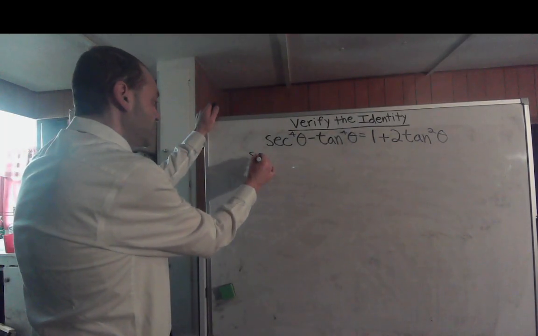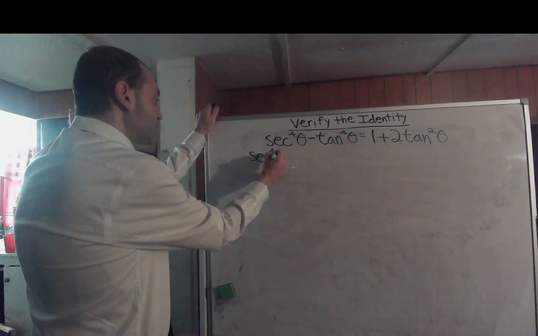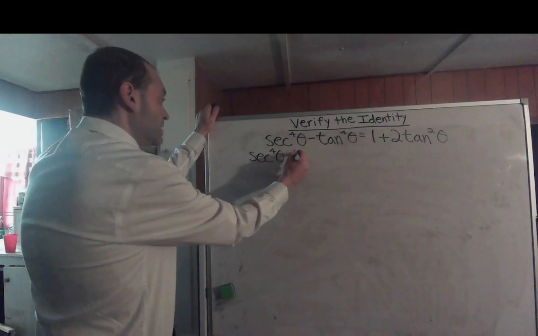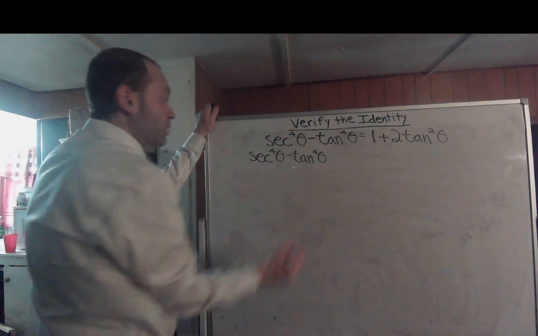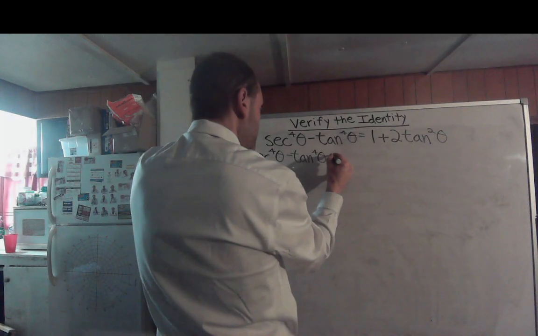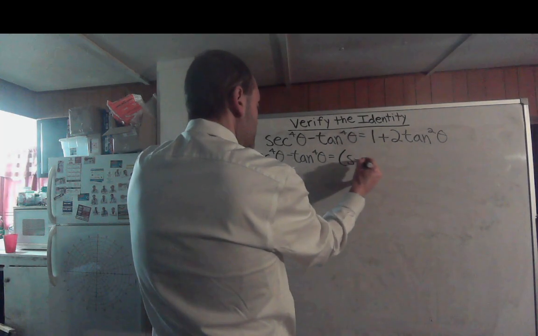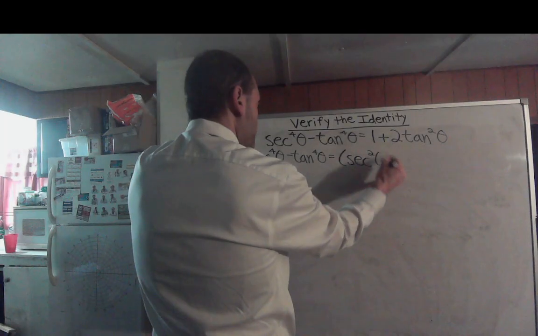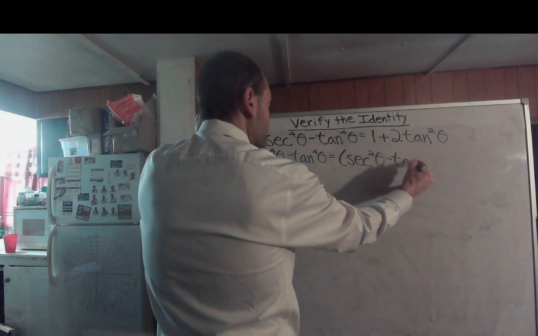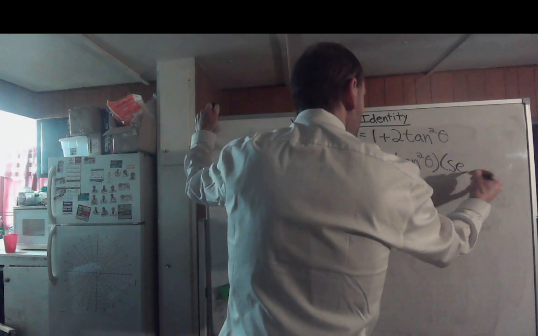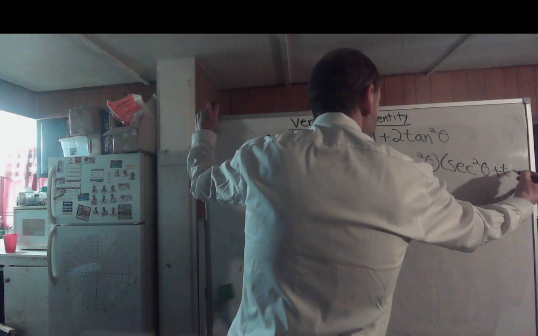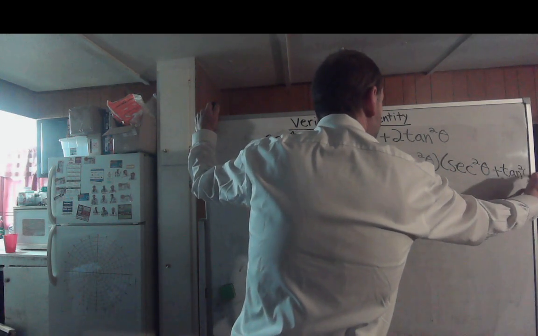So this will end up being secant 4 of theta minus tangent 4 of theta. Well, this is going to break down into the secant squared of theta minus the tangent squared of theta times the quantity of the secant squared of theta plus the tangent squared of theta.